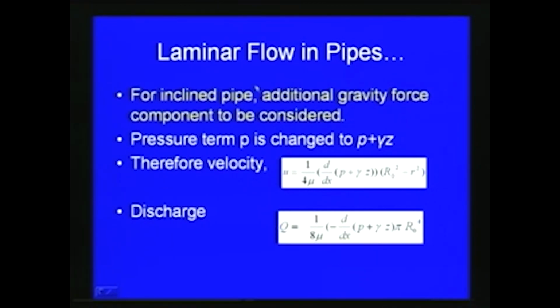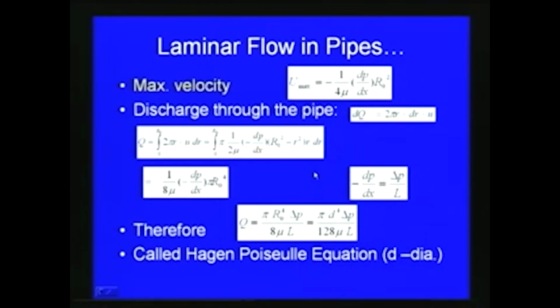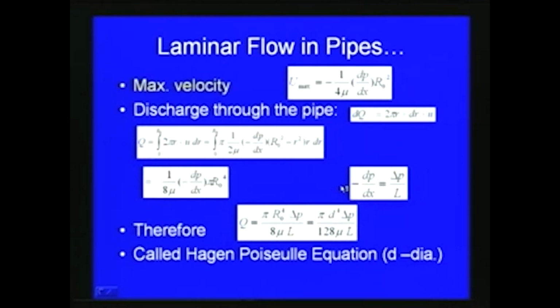Therefore, we can write the velocity u. In our earlier expression, we got u equal to 1 by 4 mu dp by dx into r0 squared minus r squared. The minus sign will be there depending upon whether dp by dx is negative or positive.